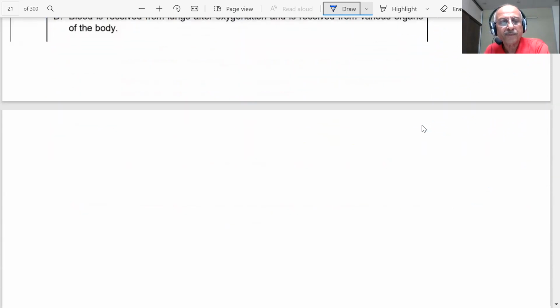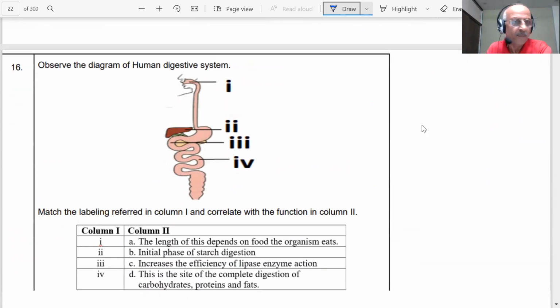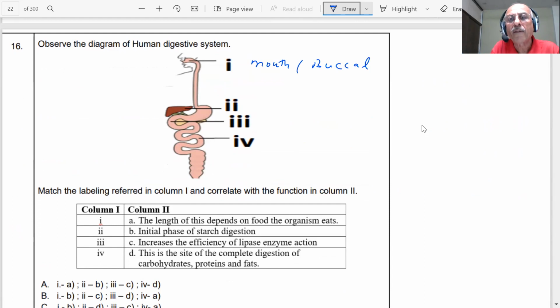Next question. Here is a picture of the human digestive system. So what is picture one? This is your mouth, or what we call the buccal cavity.